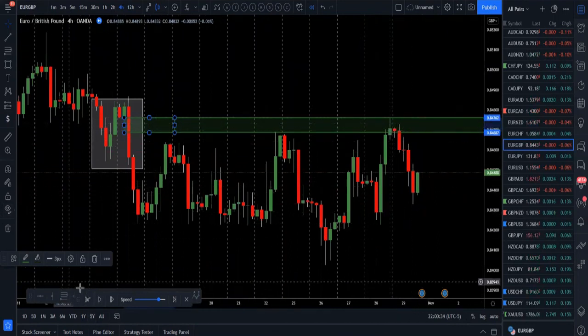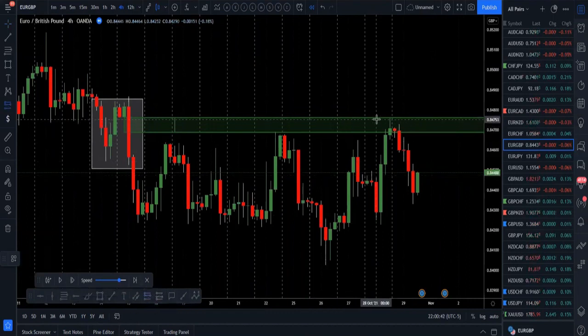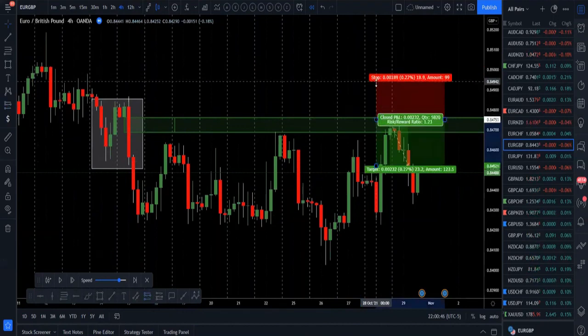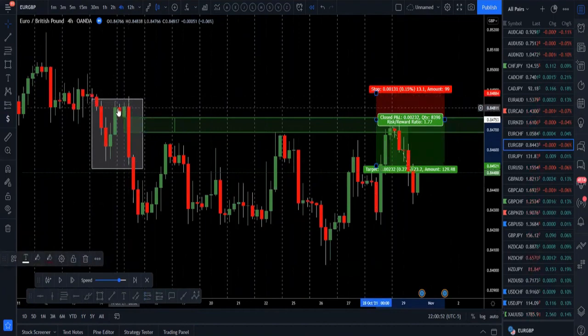Let's say we took that trade just as an example of our short position here. Let's say we took it right when it touched the top of the imbalance, and your stop loss would have been that last high, which would have been here above that last high.